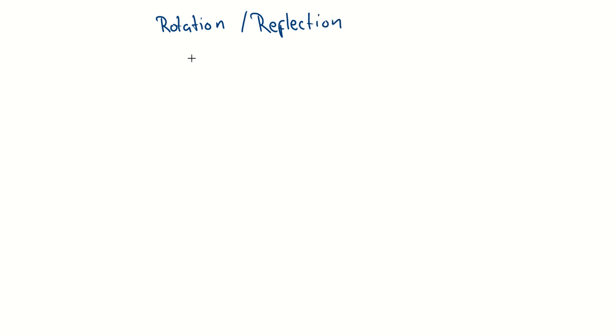The formula is the 2 by 2 matrix that represents whatever matrix transformation, multiplied by your object.